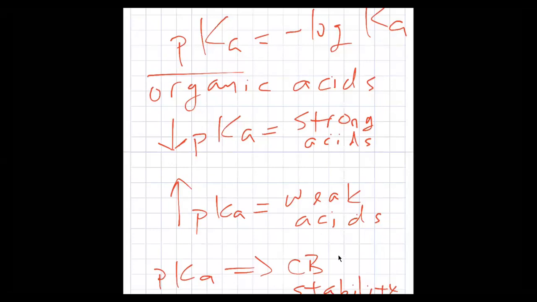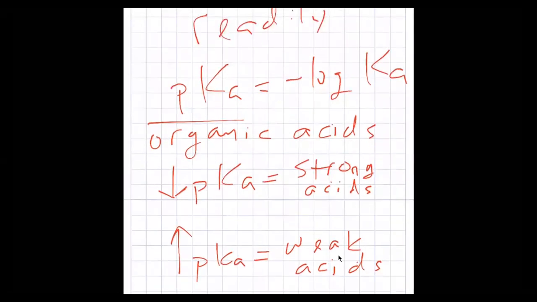And we said if Ka was big, that's for strong acids. If Ka is small, that's a weak acid. But the fact that it's a negative log, it's inverted. So it's negative log of Ka, or the log of 1 over Ka. So an acid that has a low pKa is a really strong acid, and an acid with a high pKa is a weak acid. Got it? Yeah, I got it now.